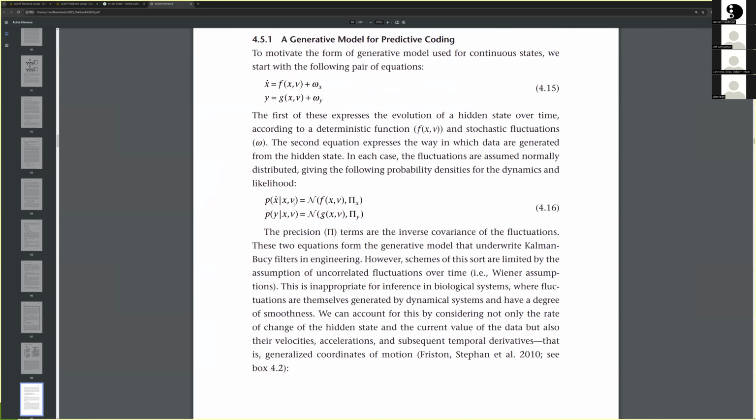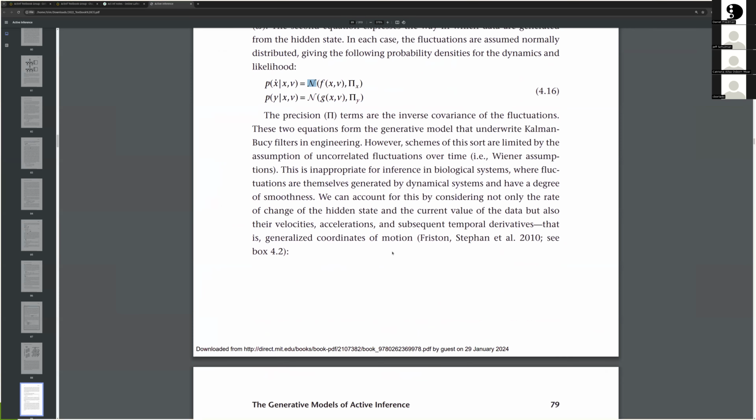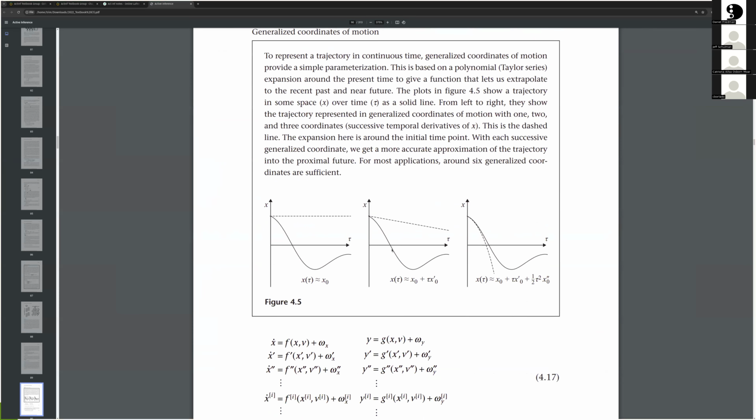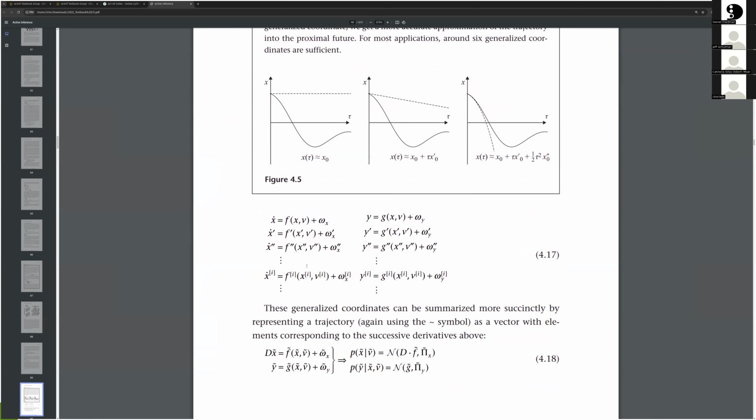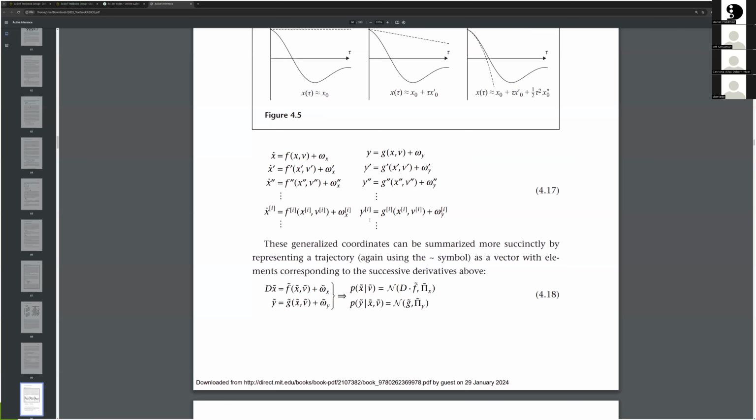So here's a situation where they're both normal distributions. Generalized coordinates of motion is the Taylor series. You can take the Taylor series or generalized coordinate motions on the observation and on the latent state X dot.